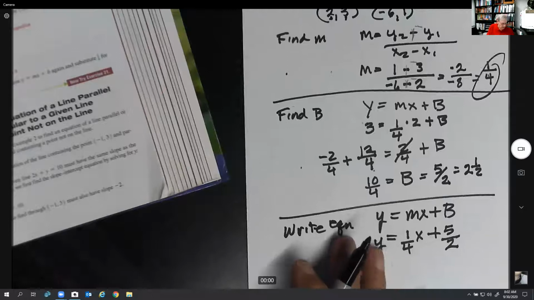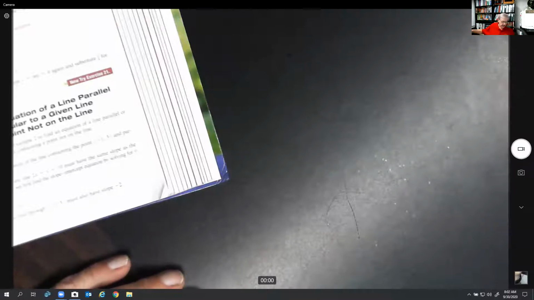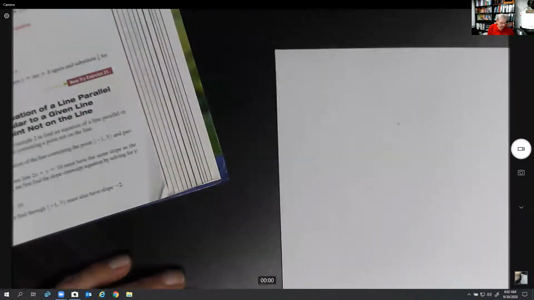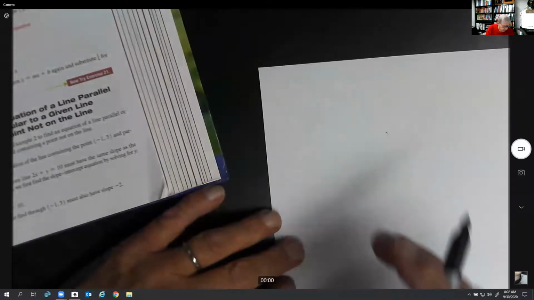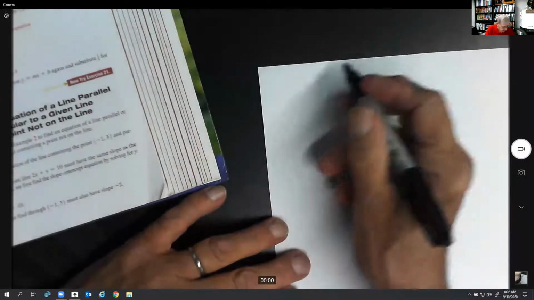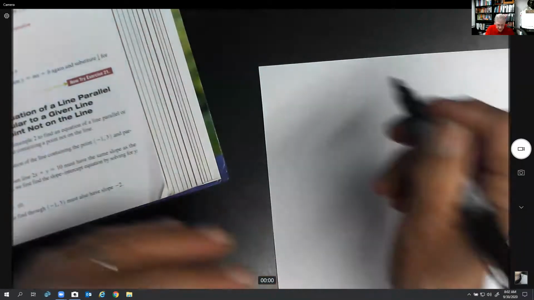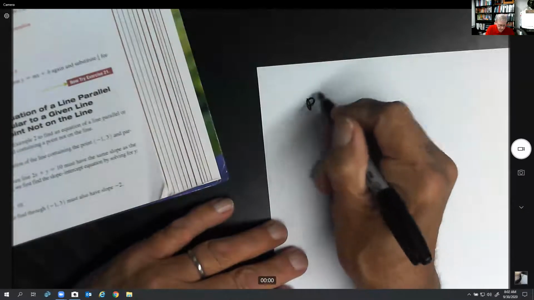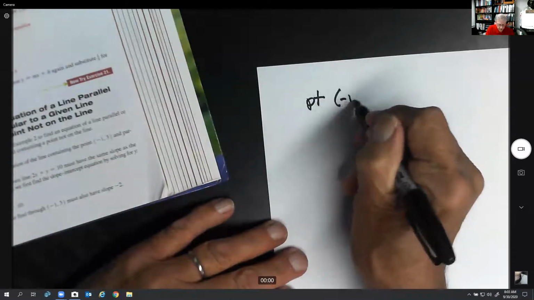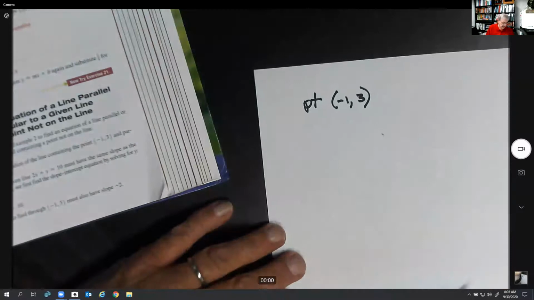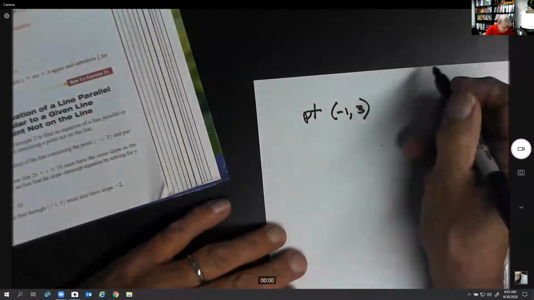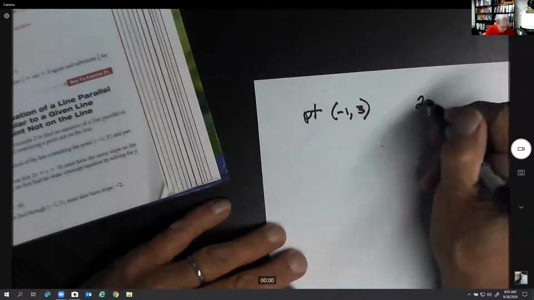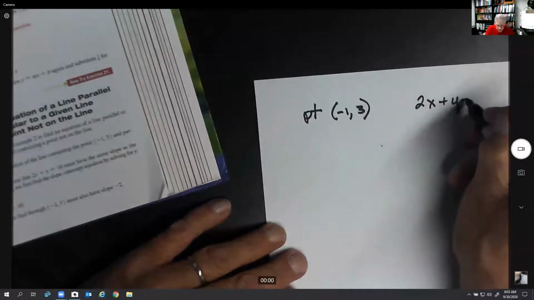Okay. Here's another one that's a little tricky. On this problem, we want to write an equation of a line parallel or perpendicular to a line. Here we have a point, -1, 3, and we have another equation, just a general equation, 2x plus y equals 10.